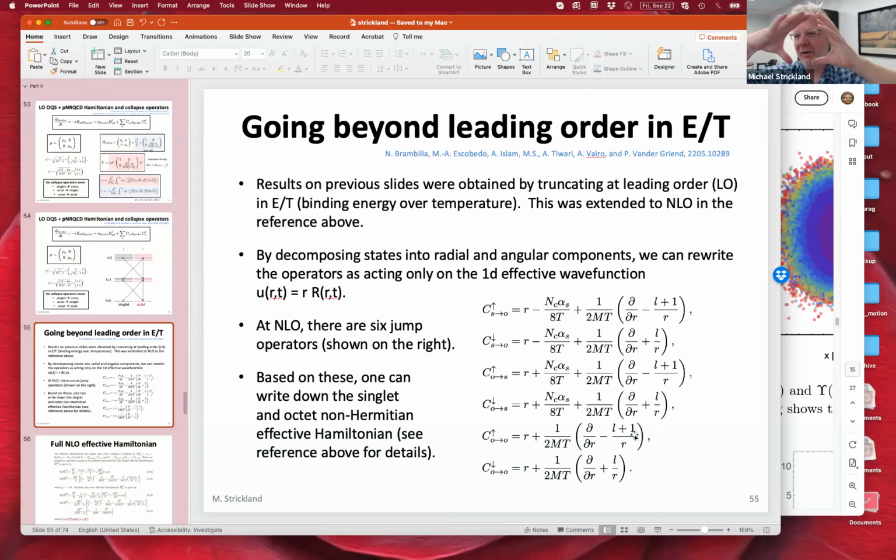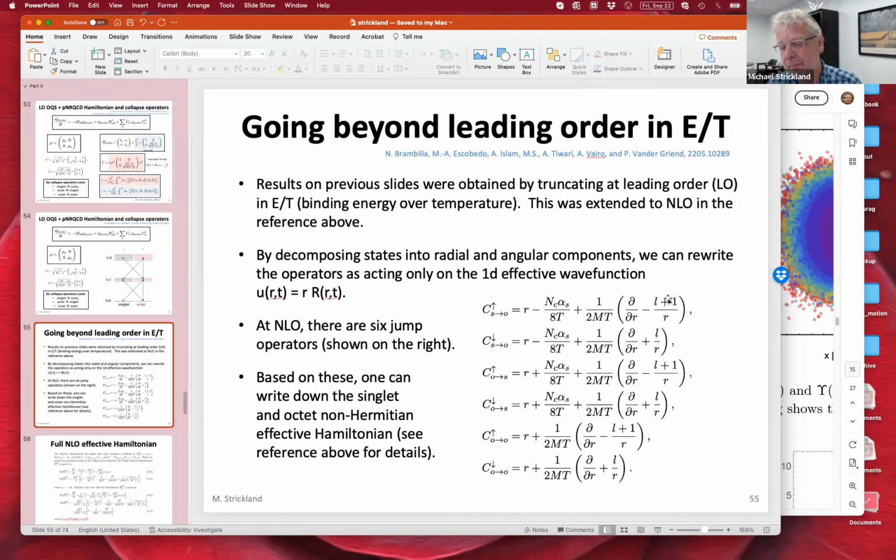Instead of going to large R, the thing stays more localized because of these parts of the jump operators. These turn out to be super important for how you understand the evolution of the average R in the wave function when you turn on the jump operators. In practice, we don't truncate L, so if it wants to go up to L equals 20, we just allow it. But this term becomes super important in that limit.